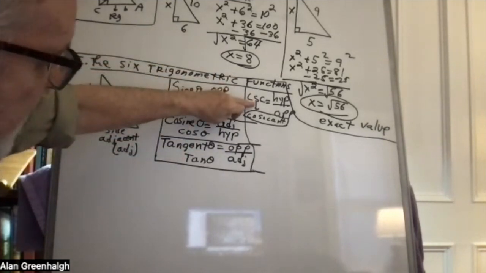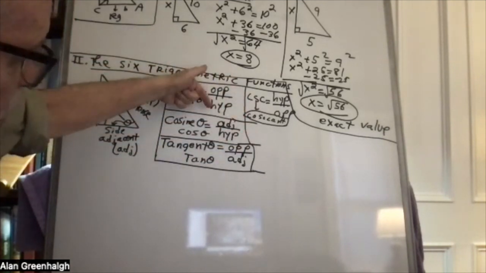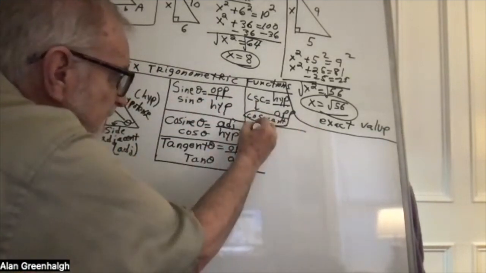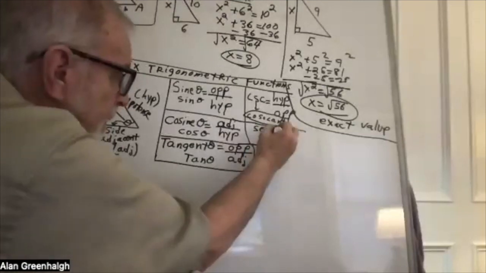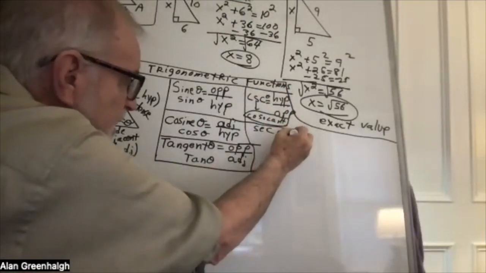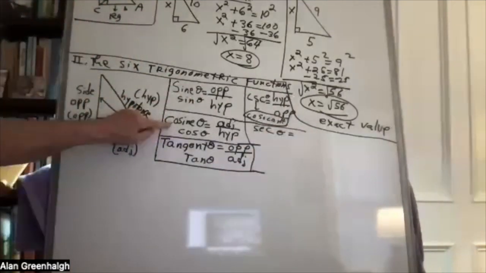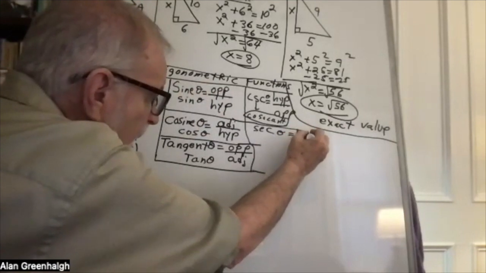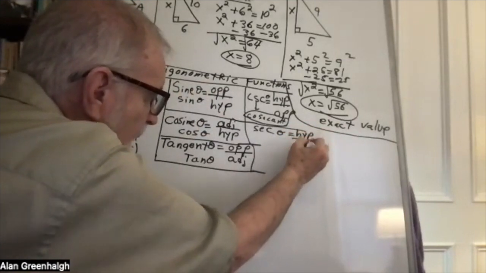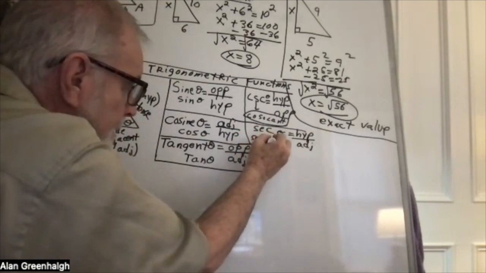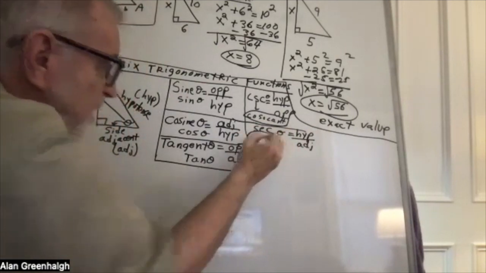The cosecant is the reciprocal of sine. Secant of theta. I left out the theta, but it doesn't matter. The secant is the reciprocal of cosine. We won't go into why they're called the secant and all that stuff.